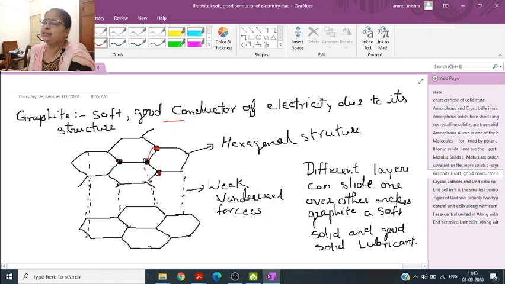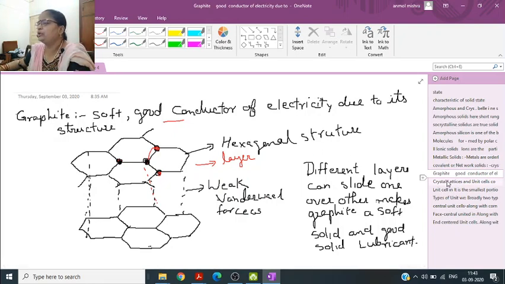It has hexagonal structure, so it has layered structure, and between the two layers the free valence carbon atom gets bonded with weak van der Waals forces of attraction. So due to these weak van der Waals forces, one layer can slide over the other and makes graphite a soft solid and good solid lubricant.